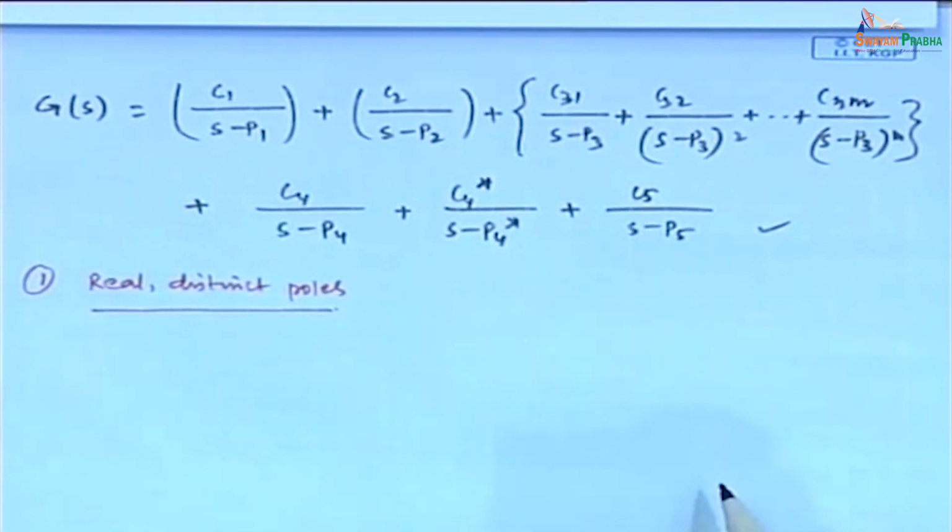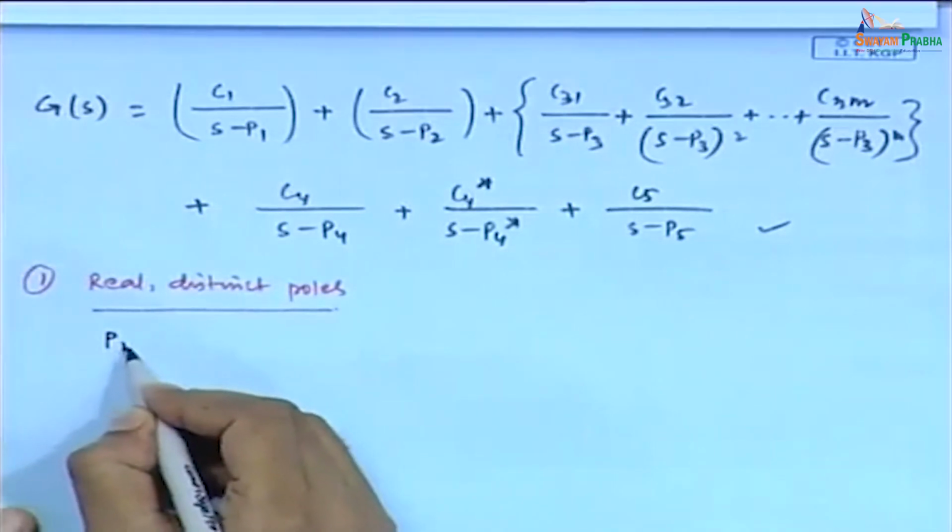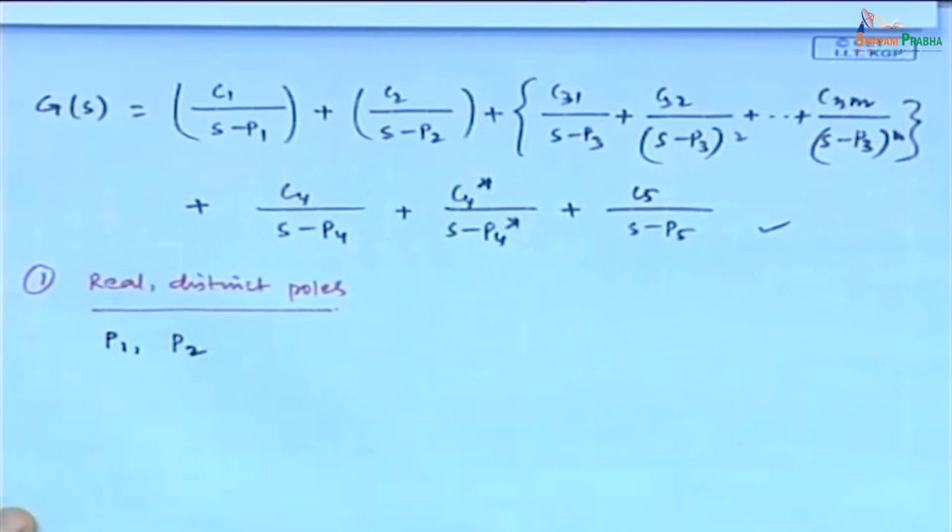In this case, we will consider just the two poles, both are real and both are distinct. Those two poles are, one is P1, another one is P2.